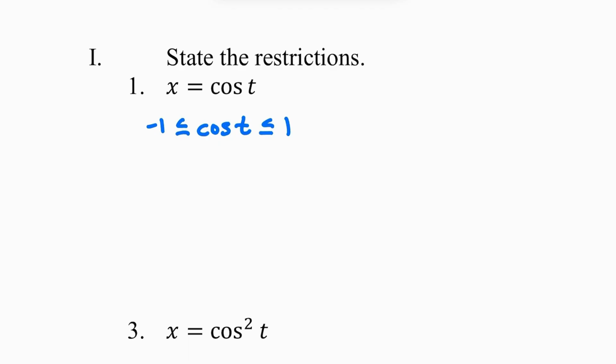We start off with that fact, and that's going to be very helpful along the way. And then since we told you x was cosine of t, I can replace cosine of t with x. And then you just have your inequality that looks like this. And that's your restriction on your x's.